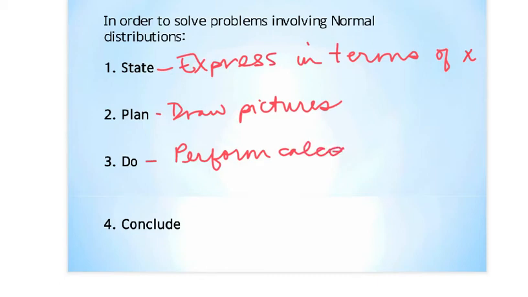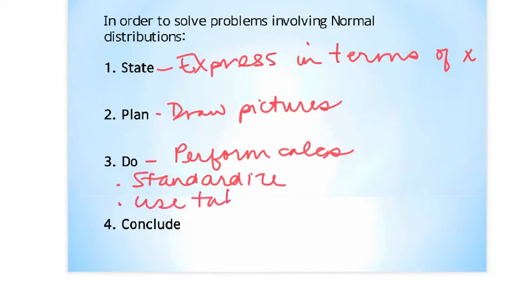The calculations for this section are primarily going to be standardizing scores, and then we're going to use the tables to find the area under the curve. And then we're going to write a conclusion, because remember, statistics is wordy.